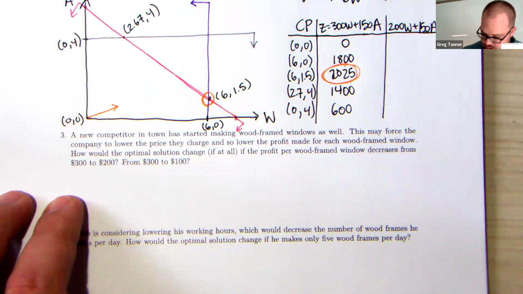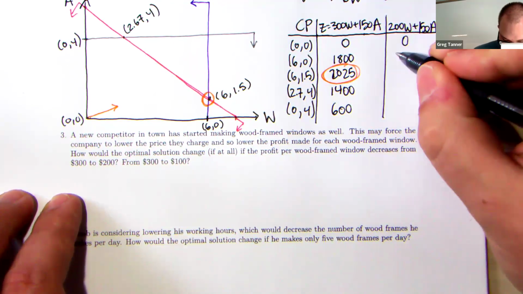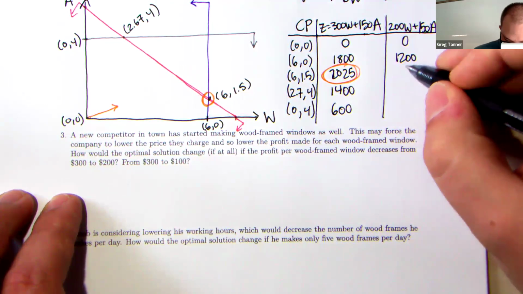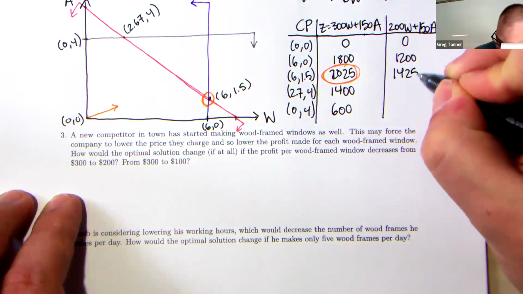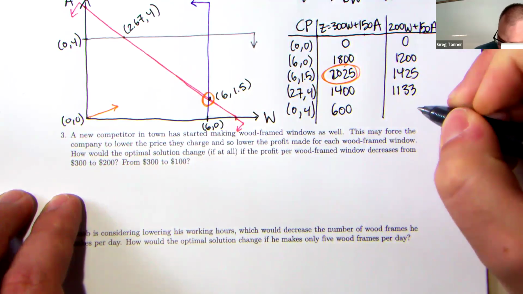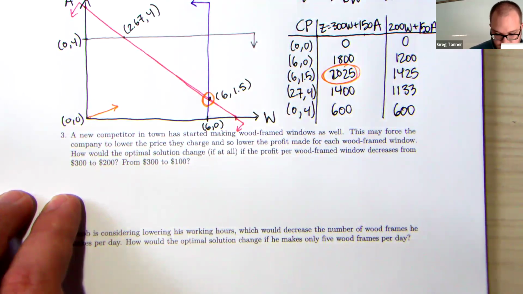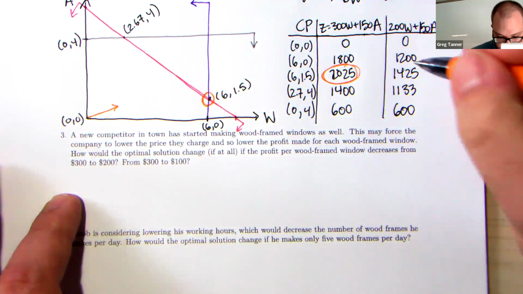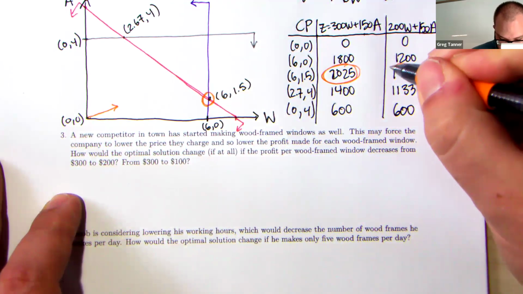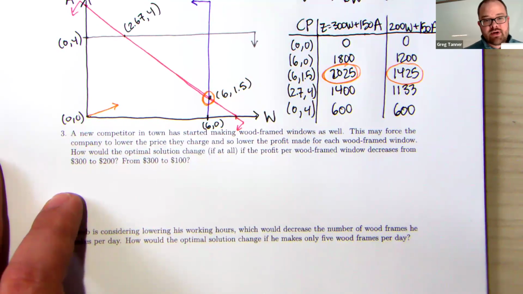Once we change that, if you compute the new updated objective values, you'll get 0, 1200, 1425, 1133, and 600.